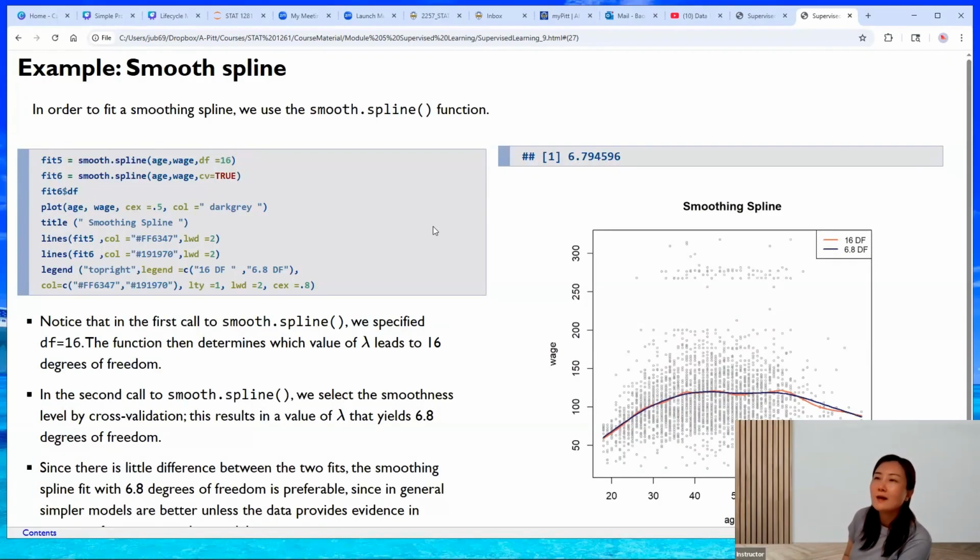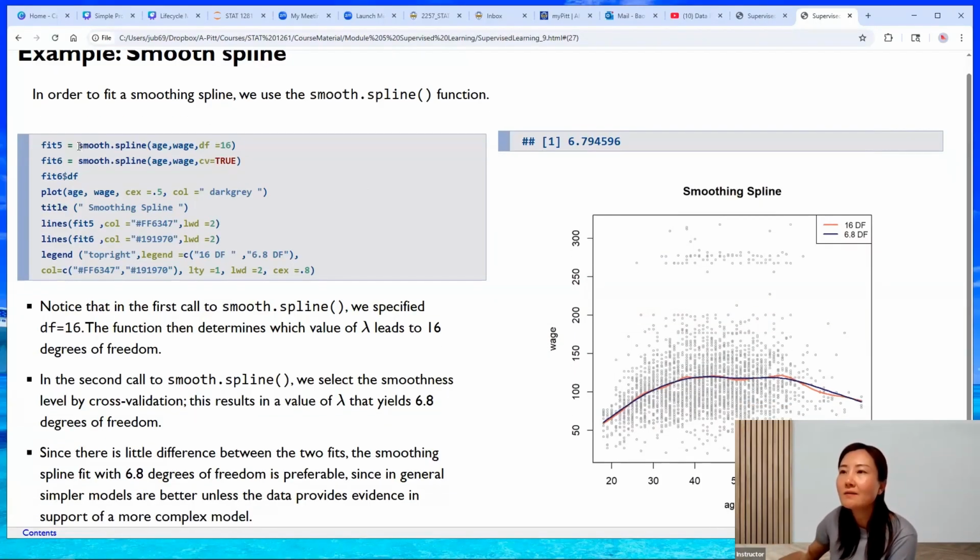And lastly, smoothing spline, with the penalty term. R has this function called smooth.spline. And you just need to specify the X variable and Y variable and the degrees of freedom you want for the spline. So it's quite flexible.